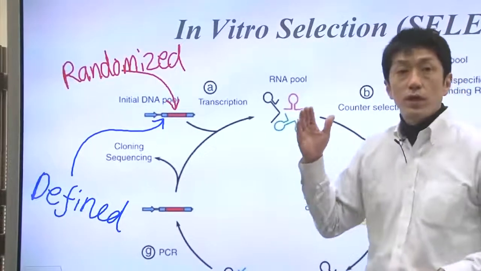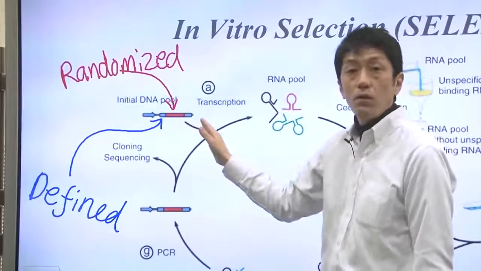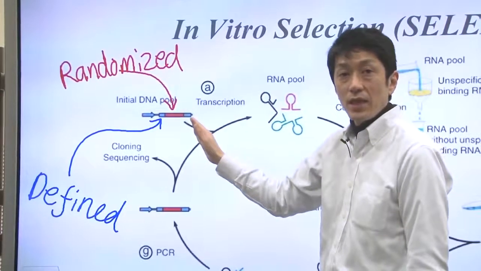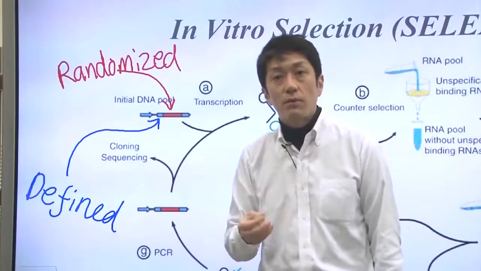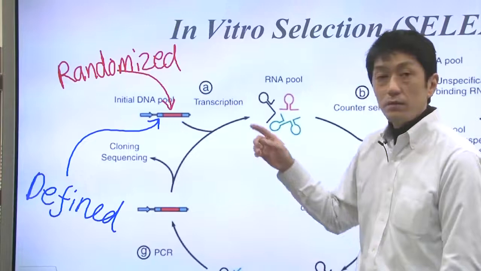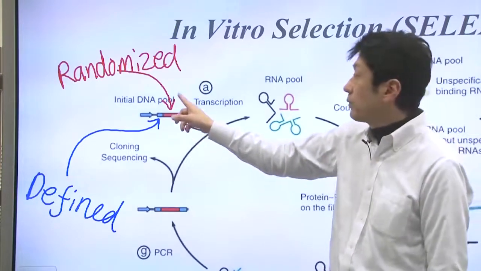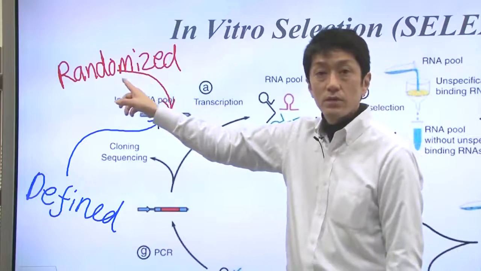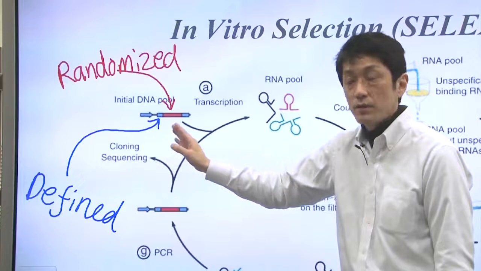But you need to ensure that both ends of these DNAs have defined sequences so that the PCR method can be applied later. In this diagram, the red bar shows a randomized DNA sequence, and blue bars indicate defined sequences.